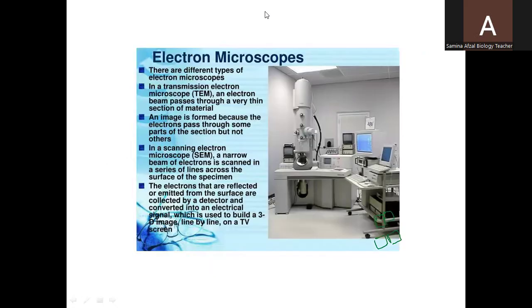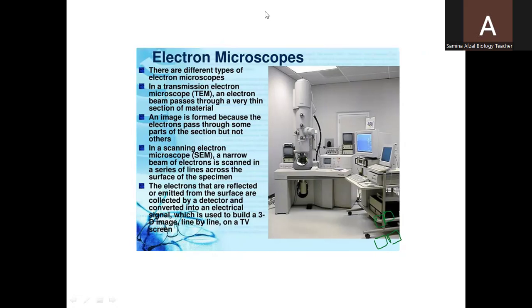Electron microscopes are of different types, but in our syllabus we have to discuss only two: the transmission electron microscope and the scanning electron microscope. The transmission electron microscope passes electrons through a very thin section of the material, so a very thin section is required.